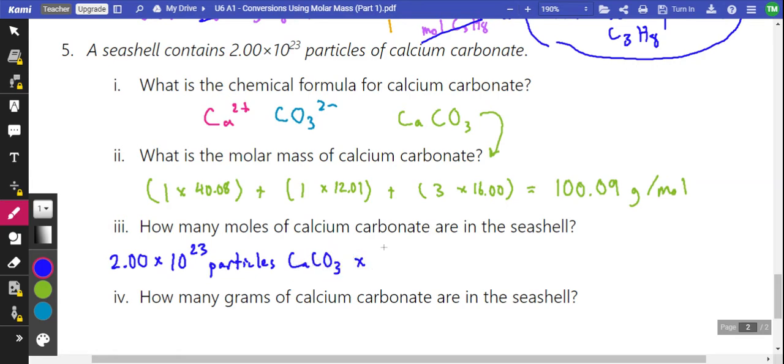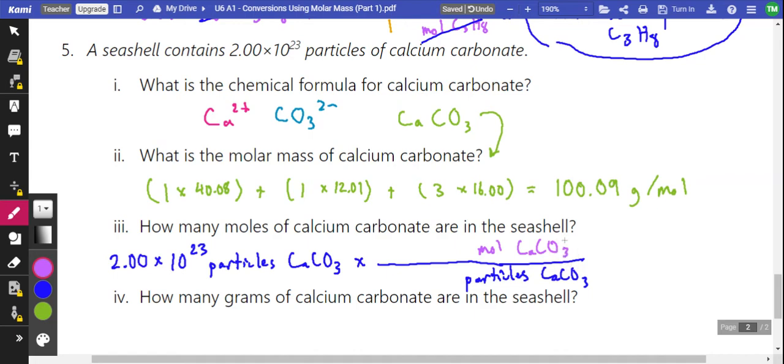I'm going to multiply by a fraction bar where I can get rid of particles of calcium carbonate by putting it on the bottom. On the top, I'm trying to get to moles of CaCO3. And hey, I've got moles in a fraction bar, so what do I do? I'm going to be a 1 with moles. So I put a 1 up there, and I don't have to worry about that part.